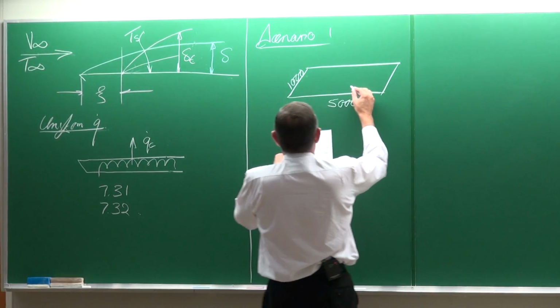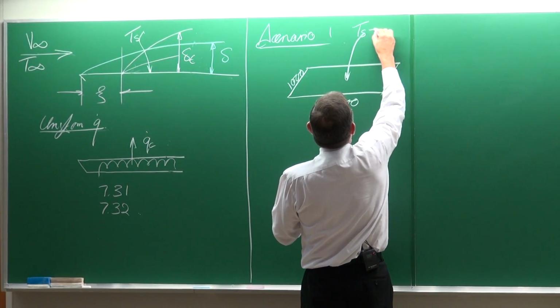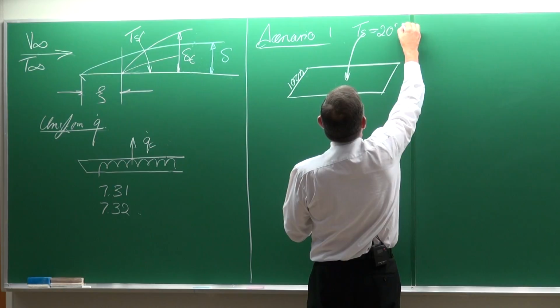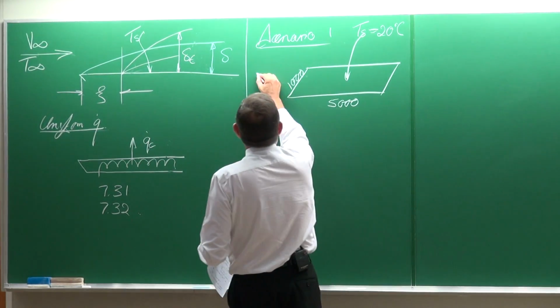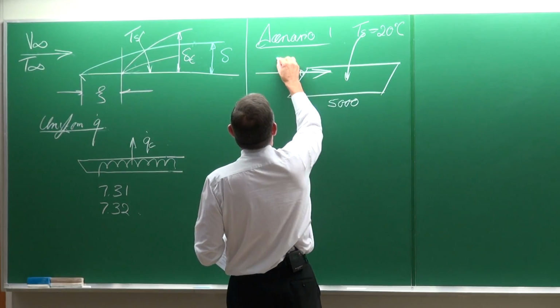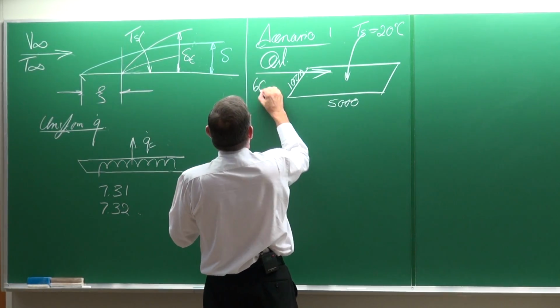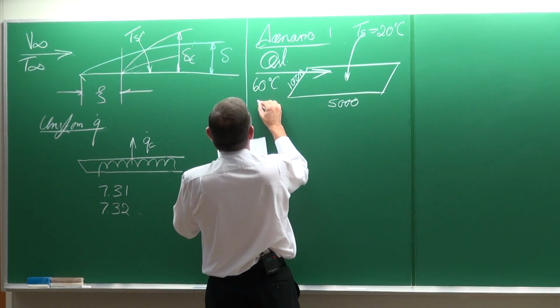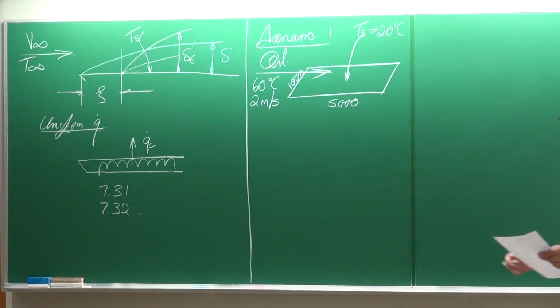And the plate is an isothermal plate, which means that temperature is constant all over the plate. And over this plate, we are going to have oil flowing over it, and the temperature of the oil is 60 degrees Celsius, and its velocity is 2 meters per second.